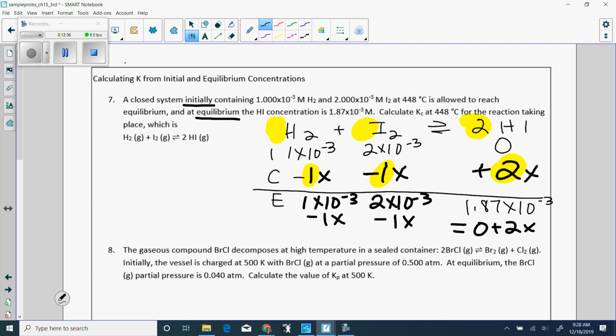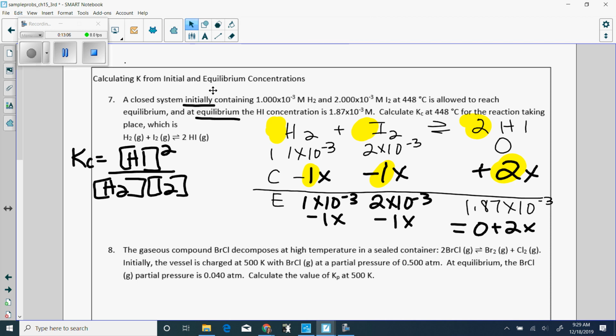My question is asking me to solve for K. I know K equals my products over my reactants. Any coefficients are going to become exponents. I need numbers to plug into here to actually answer my question. I don't have numbers to plug into there. I have a whole bunch of x's. So some way, somehow, you're going to solve for x. All I want you to talk about is how I got this, and why it is equal to 1.87 times 10 to the negative third. You might not be able to.